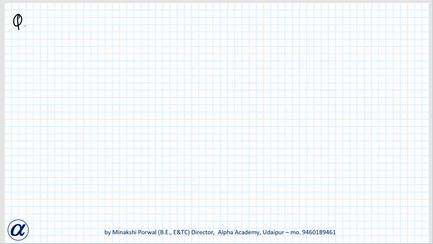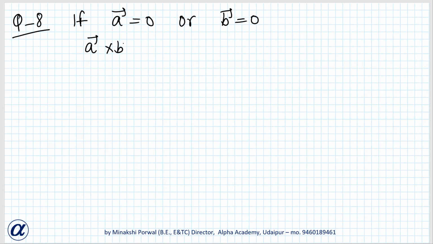Question number 8. If A equals 0 or B equals 0, A cross B equals 0. Is the converse true?